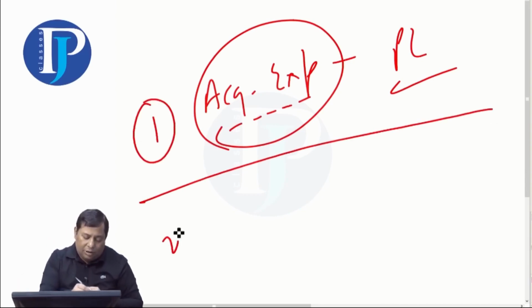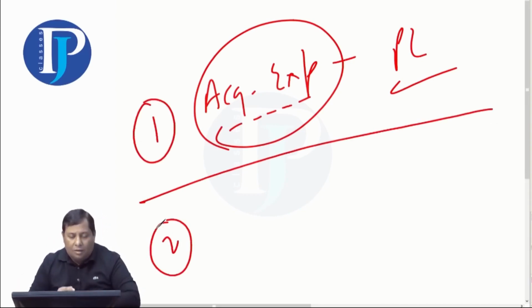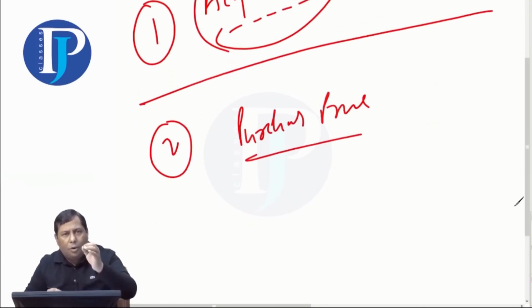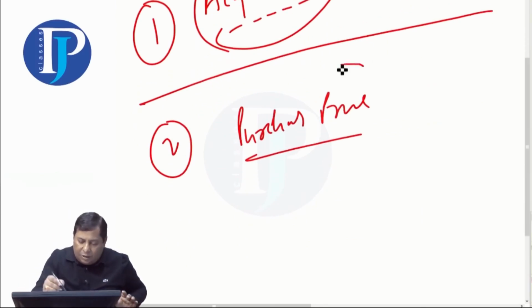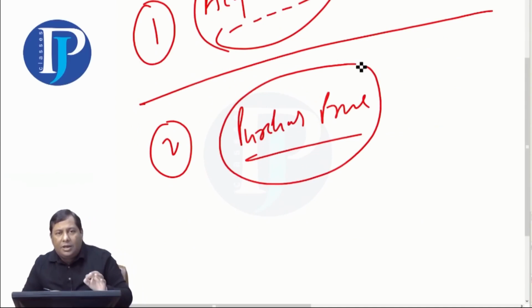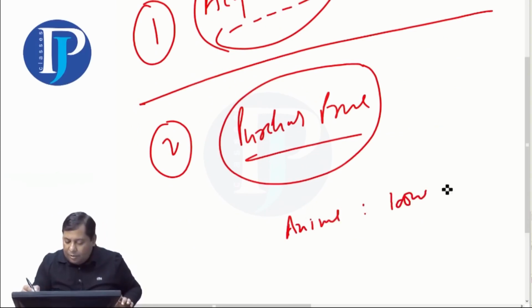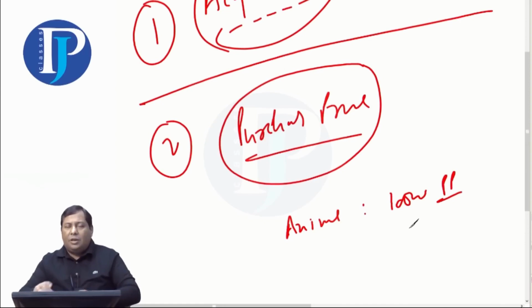The other thing is that we had the purchase price. I explained to you very clearly that this purchase price is what the buyer gives to the seller. Let's say we bought an animal for 10,000 rupees at purchase price. We gave the money to the other person.